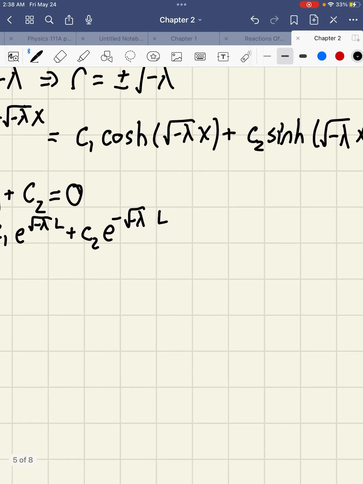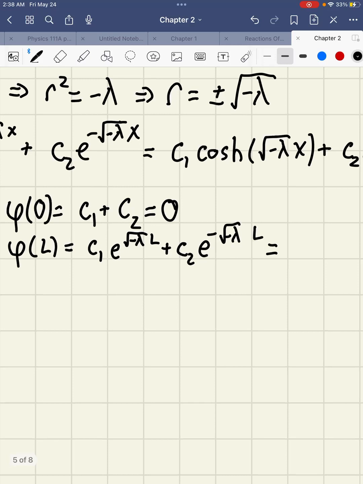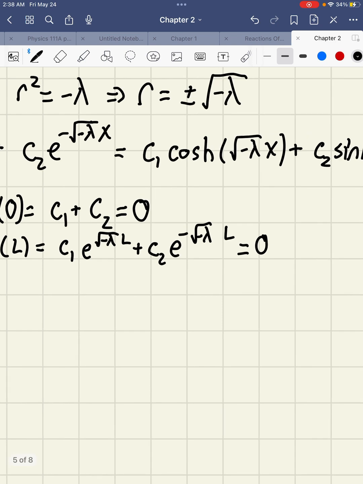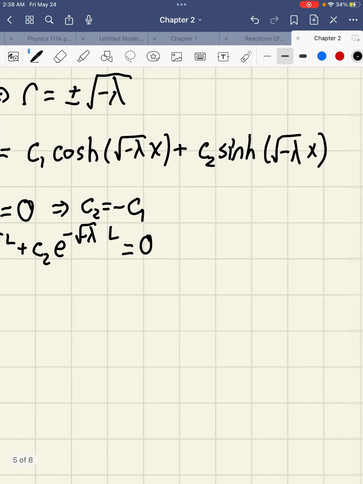Now, I can simplify this since I have two equations with two unknowns. This must be equal to 0. Now, I can solve that my C2 is equal to negative C1.